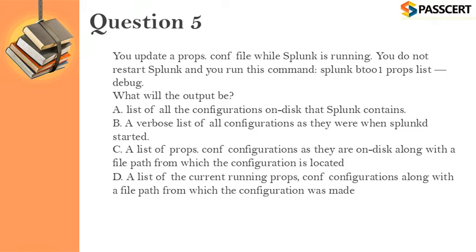B. A verbose list of all configurations as they were when Splunk started. C. A list of props.conf configurations as they are on disk, along with a file path from which the configuration is located. D. A list of the current running props.conf configurations, along with a file path from which the configuration was made. Answer: C.